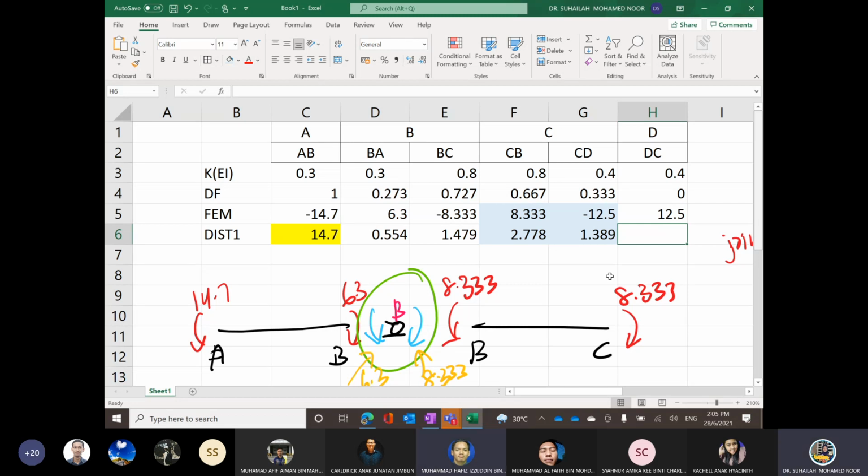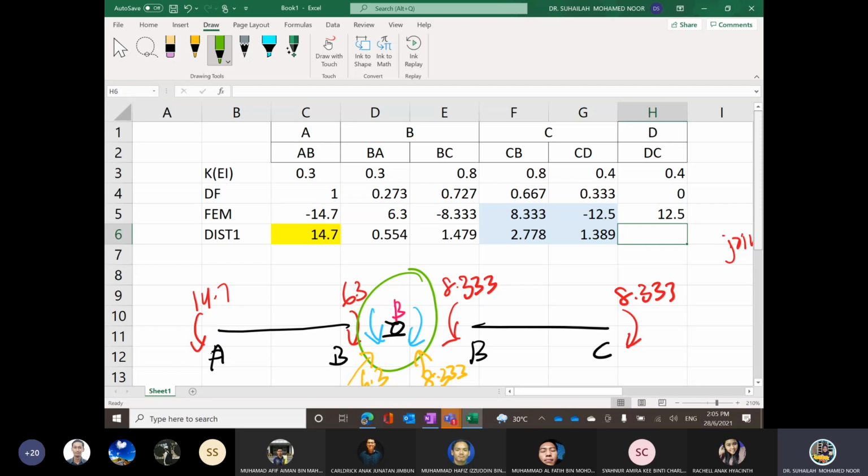Okay, last one is joint D. Because the factor here is 0, so the value is 0. The distribution is total moment at D. Total moment at D, 12.5 or negative 12.5?